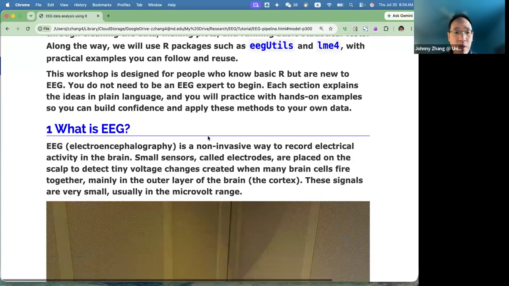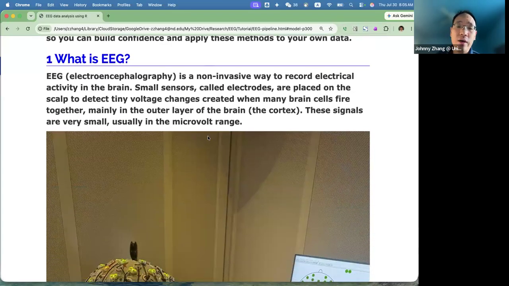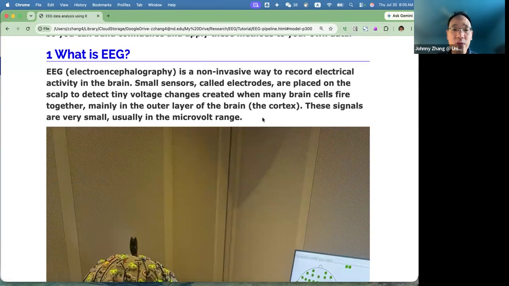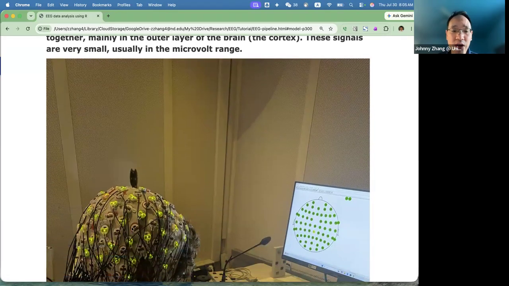So what is EEG? Some of you may be already familiar with this, but basically it's a non-invasive way to record electrical activities in the brain. We put some small sensors on the head of a person. Those sensors are also called electrodes.